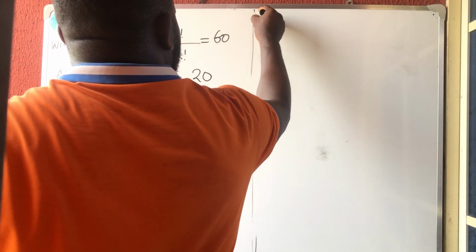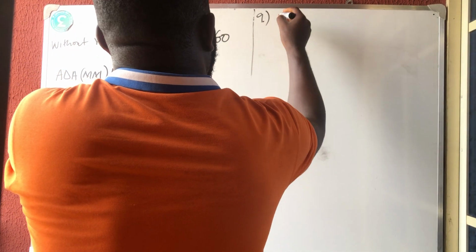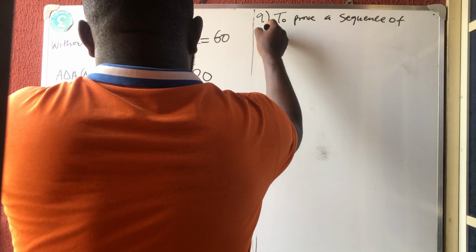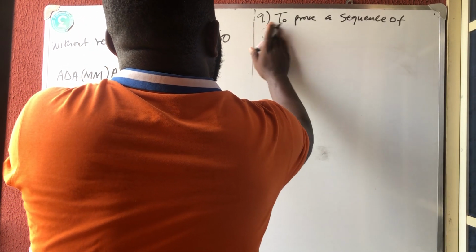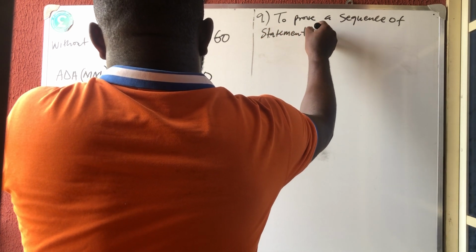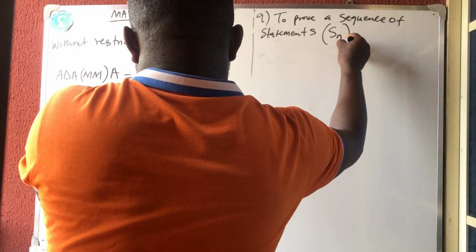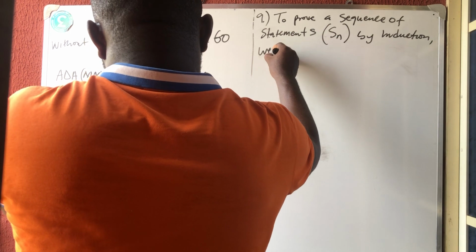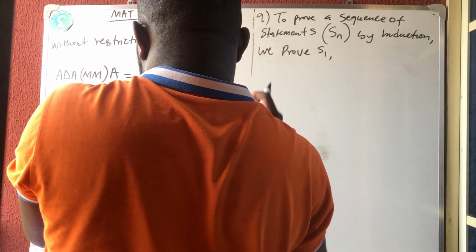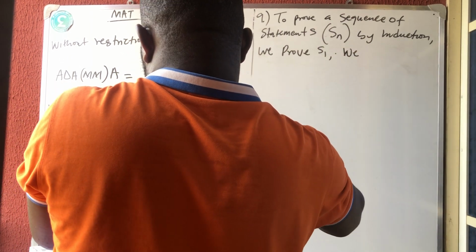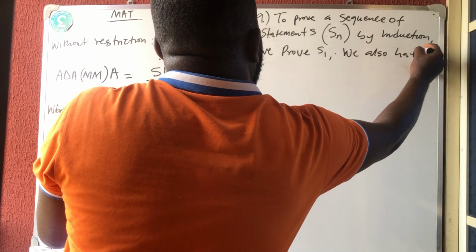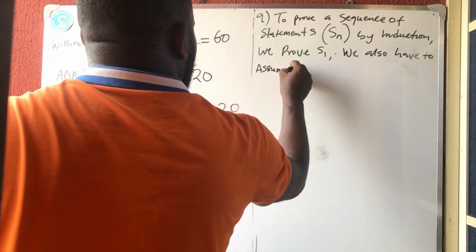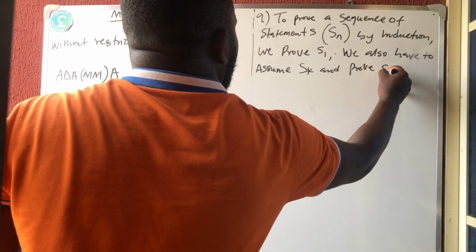Okay, so number 9. Number 9 said to prove a sequence of statements Sn by induction, we prove S1 and we also have to assume Sk and prove the Sk plus 1 statement.